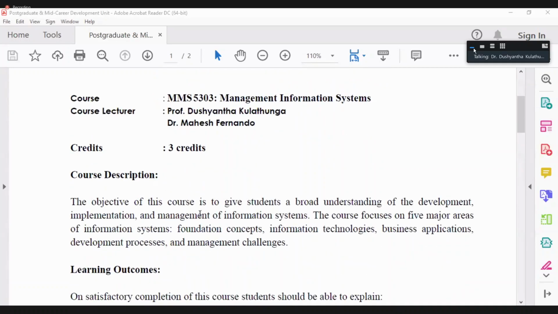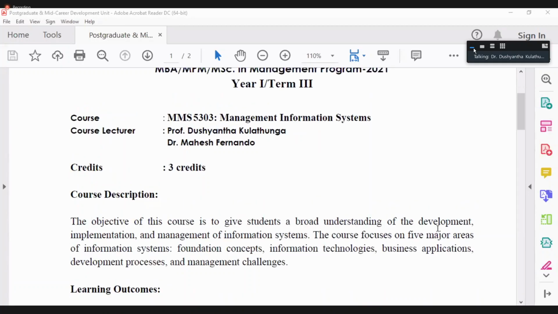And so the course description says the objective of this course is to give students a broad understanding of the development, implementation, and management of information systems. So we will be looking at different areas of information systems like development, implementation, and management.